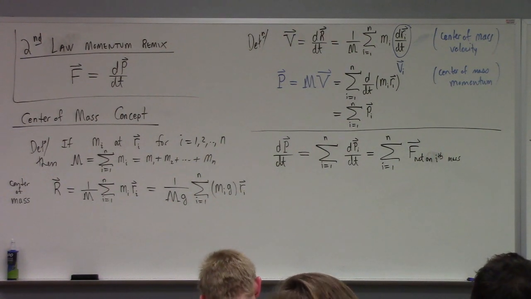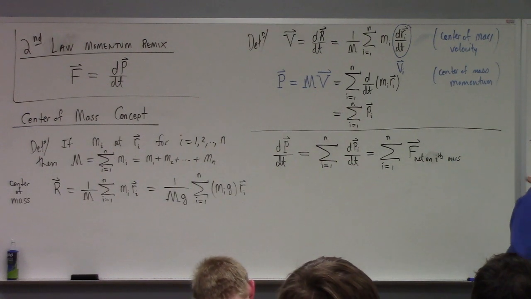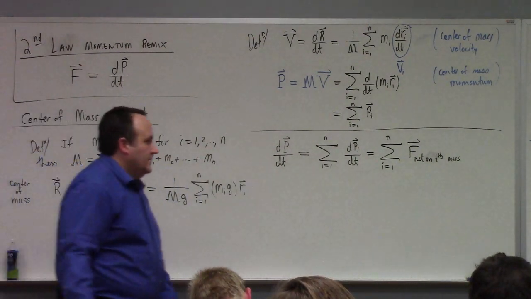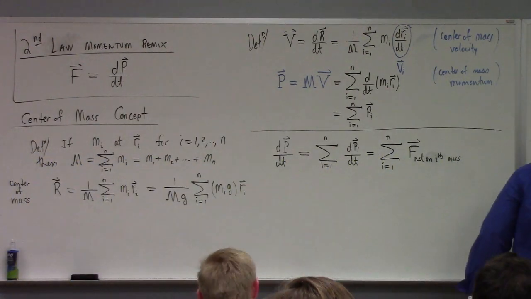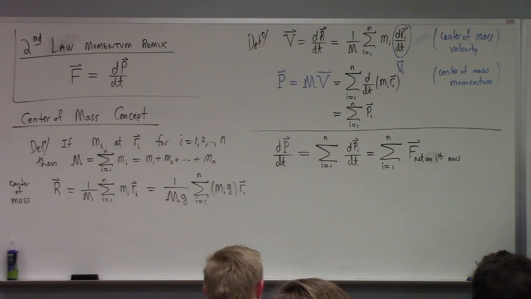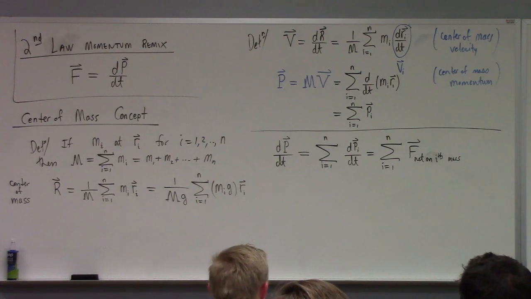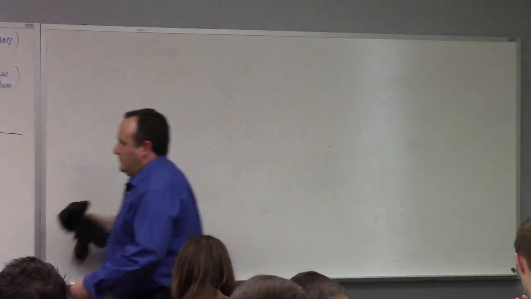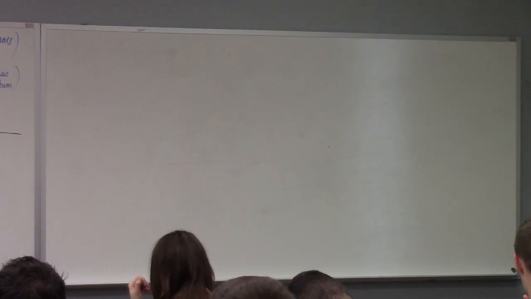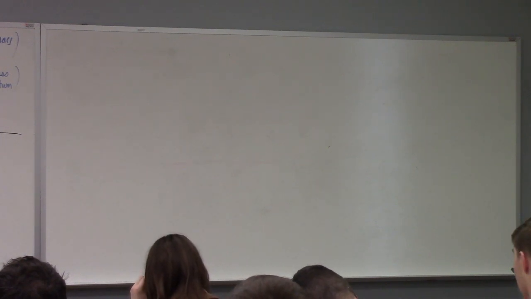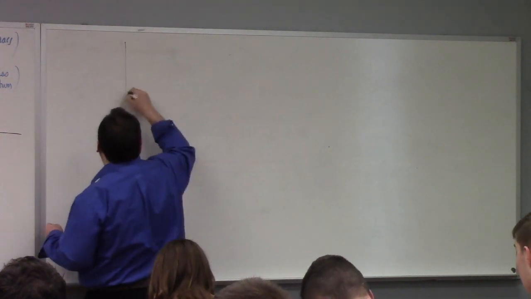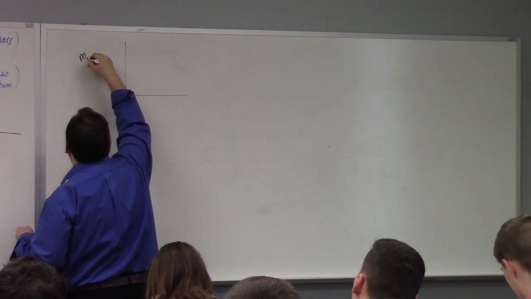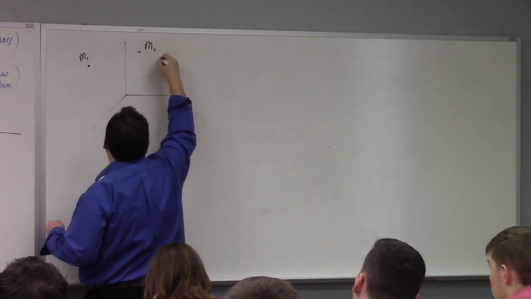Now, it's helpful for me perhaps to draw the picture again that I foolishly erased. All right. So if we think about the different masses, you have mass 1, mass 2, somewhere out here.